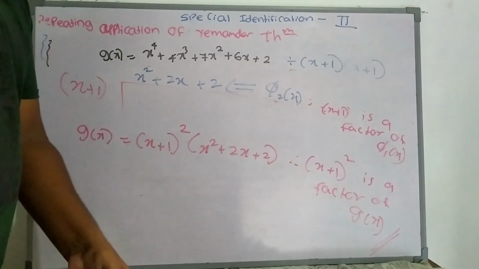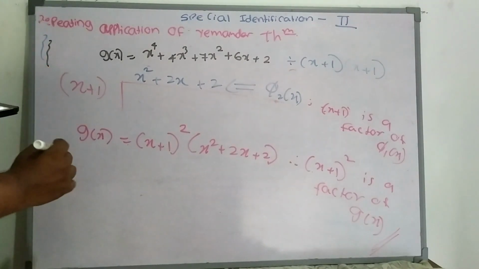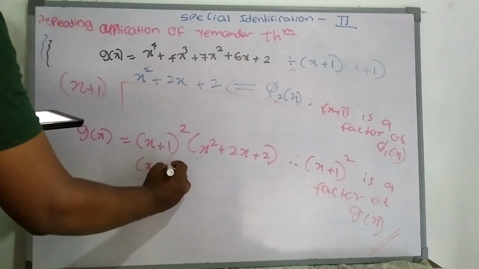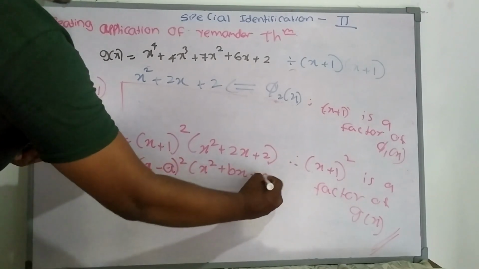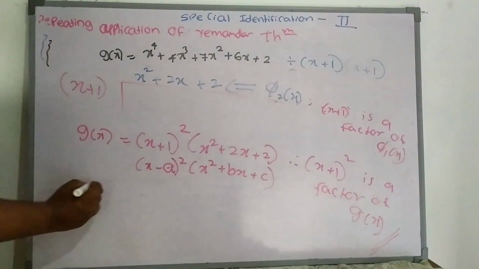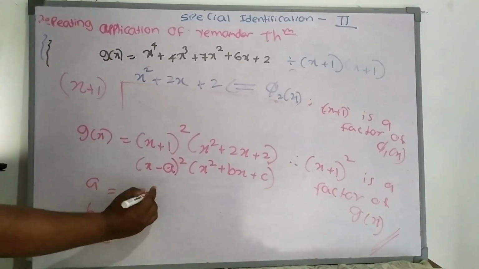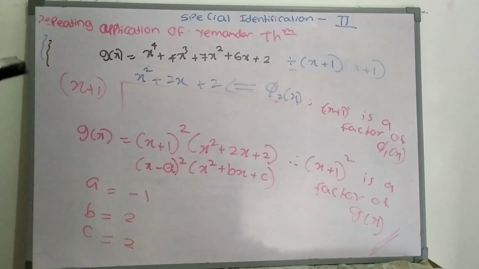So we have to state g(x) as (x minus a) whole squared times (x squared plus bx plus c). Now it's okay, no? a is minus 1, b is 2, c is 2, right? And also show that for all real numbers x, g(x) is greater than or equal to 0.